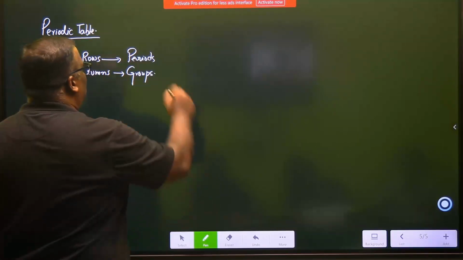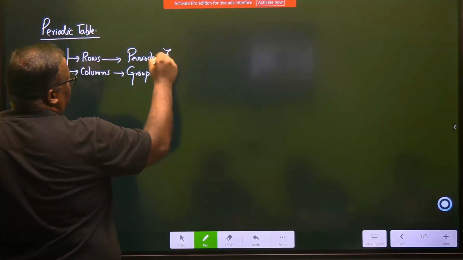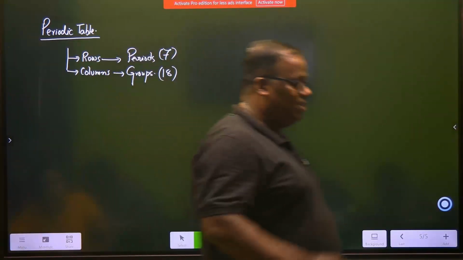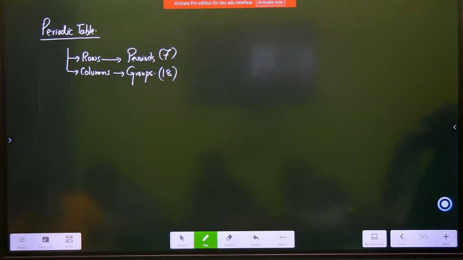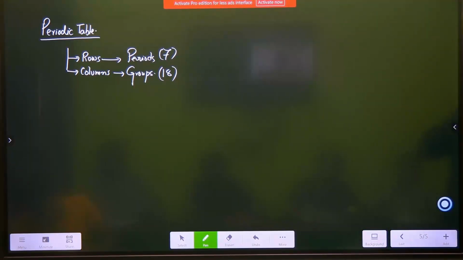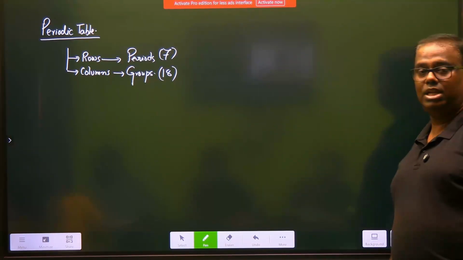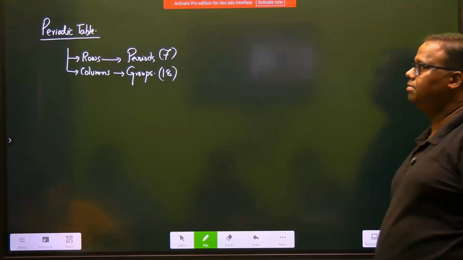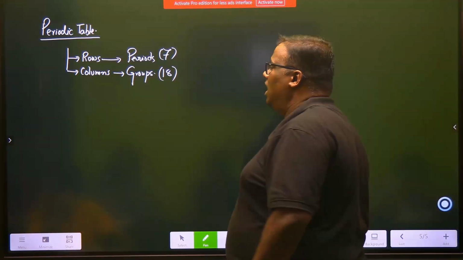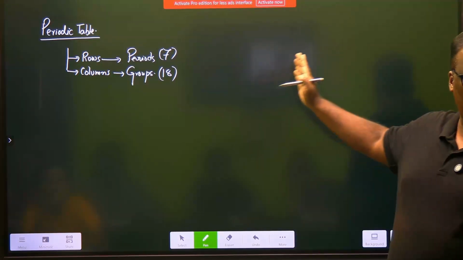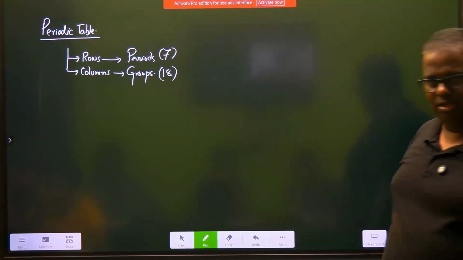The modern periodic table has 7 periods and 18 groups. Earlier groups were represented like 1, 3A, 3B, but now it's not like that. It says 1, 2, 3, 4, 5, 6, 7, 8, 9, 10 in that manner.